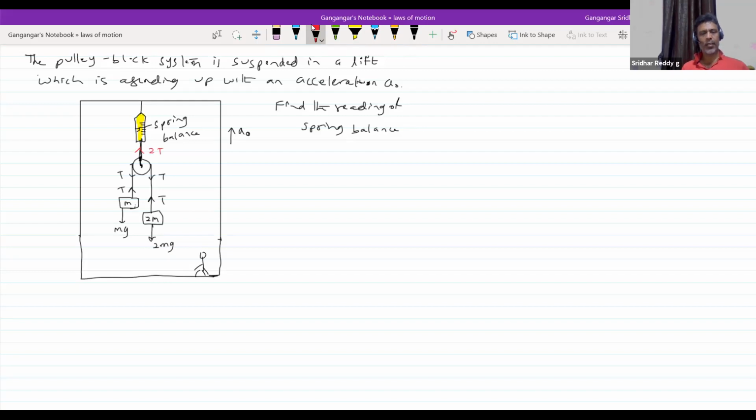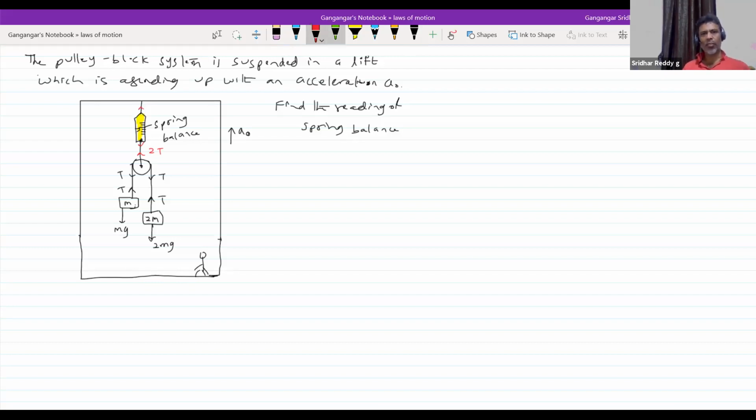It should be. The rope, I'll make it thin. Now you see this will be 2T. So if I can find the tension, problem solved, no?